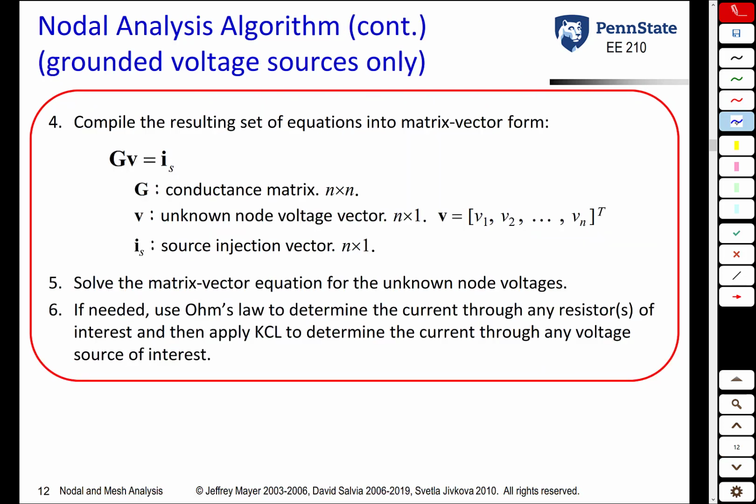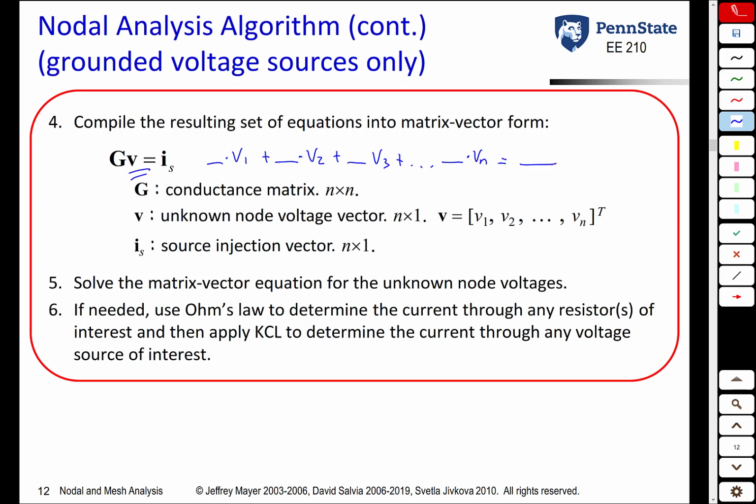The next step is we want to compile these equations together and then solve them. For those of you who have had linear algebra already, you'll recognize this as a matrix equation. For those of you who haven't had a linear algebra course, it really doesn't matter. Basically, we want to write our equations as something times our v1 variable plus something times v2 plus something times v3, all the way up to our last voltage variable, V sub n, equals a number on the right.